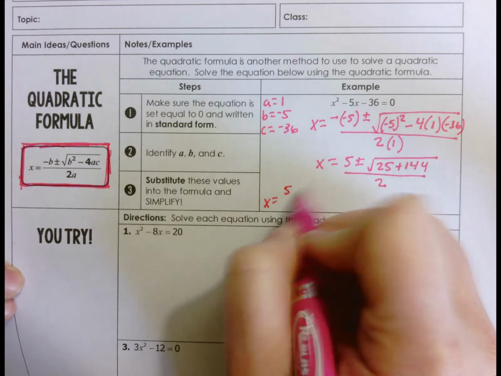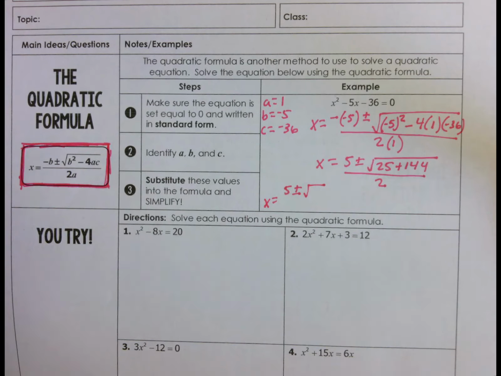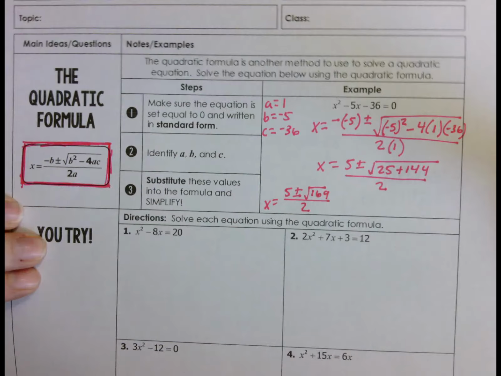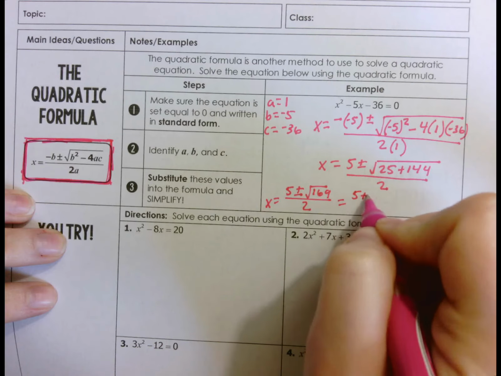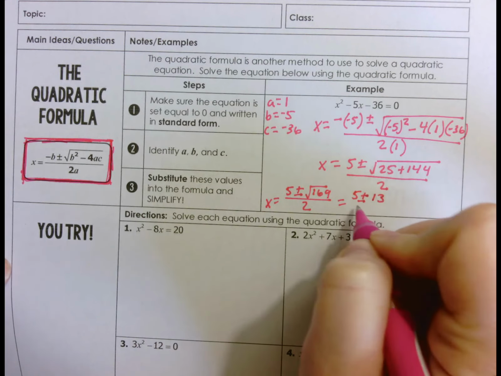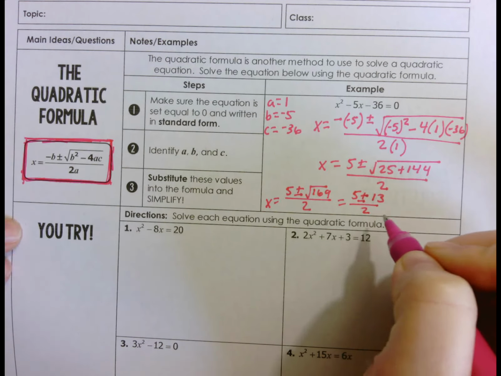So now we're going to simplify a little bit further. We still have 5 plus or minus the square root of 25 plus 144, which is 169, divided by 2. Now we end up with 5 plus or minus the square root of 169, which is 13, still over 2. Here it splits into 2.